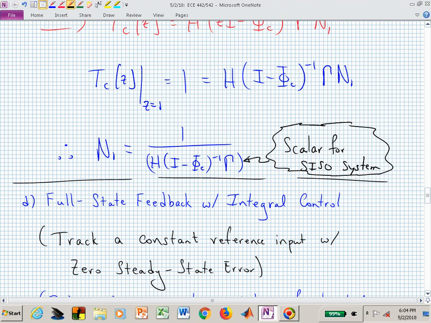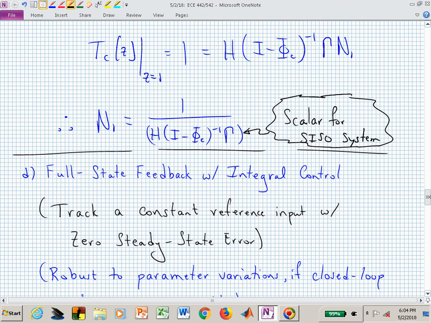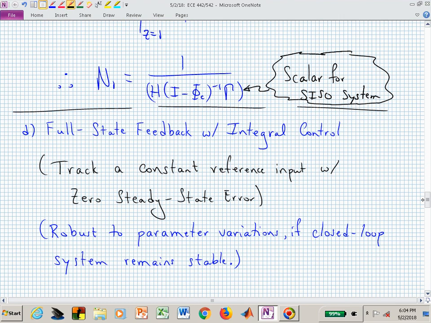And this integrator will now compensate for maybe some uncertainties in your parameter values. As long as the closed loop system stays stable, you can now track a reference input with 0 error, even if there is some uncertainty or variation between where you thought phi was and what those parameters actually are.